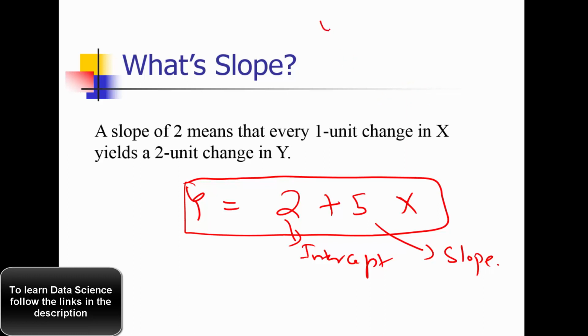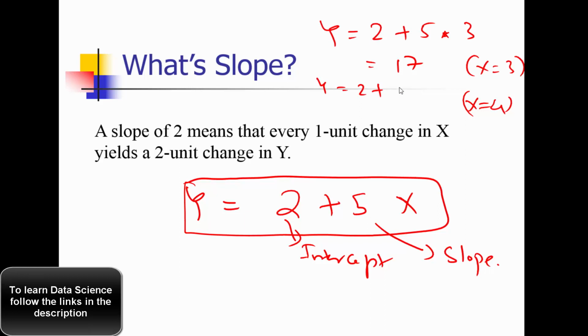When x equals 3, y is 2 plus 5 multiplied by 3, which is 17. What if x equals 4? Then y equals 2 plus 5 multiplied by 4, which is 22.